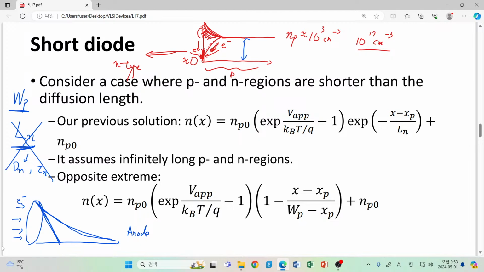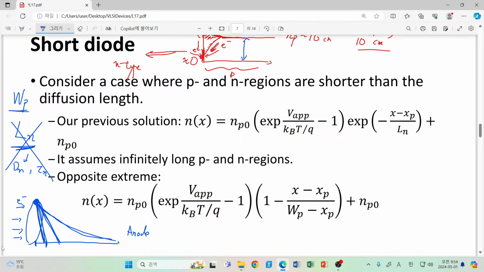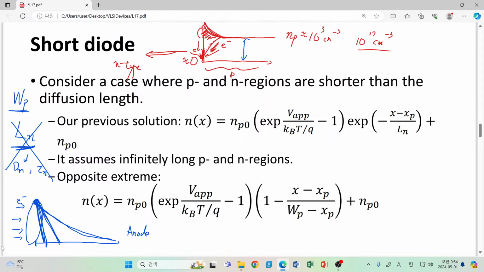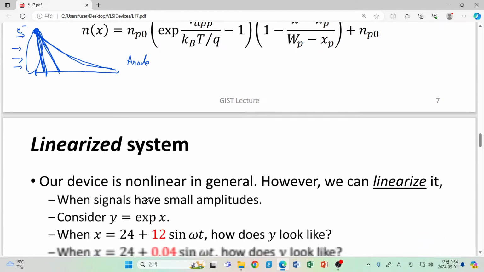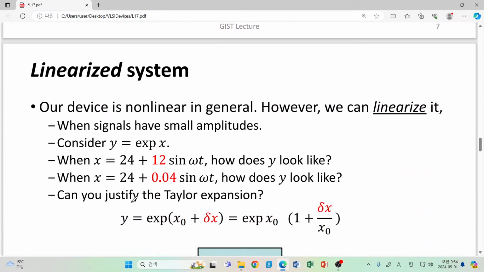If you make the length half, you will have a much steeper minority carrier density, which directly means two times the increase of your diode current.